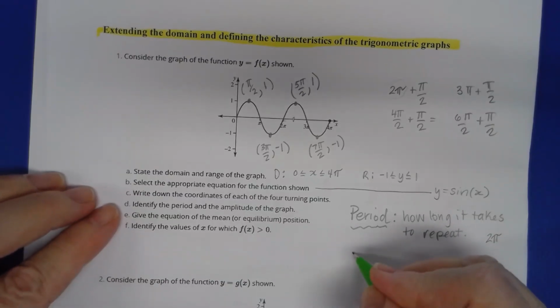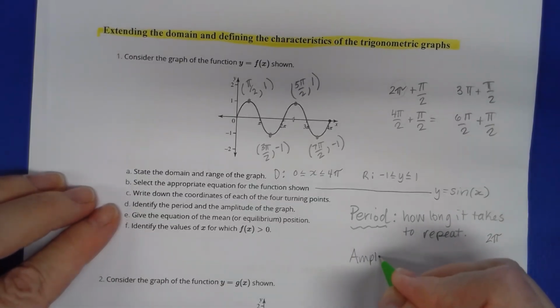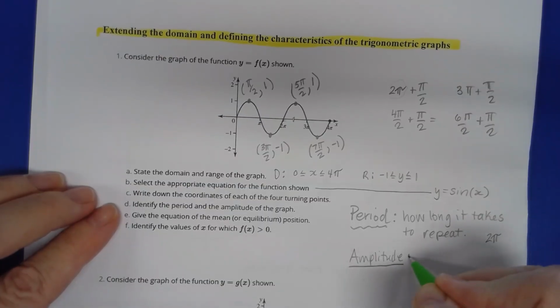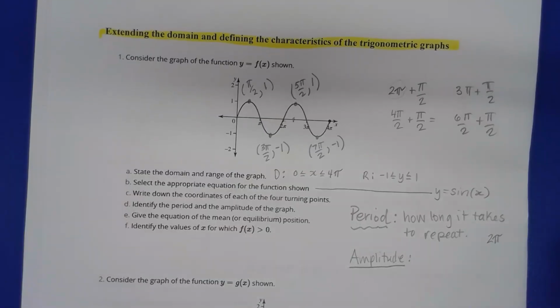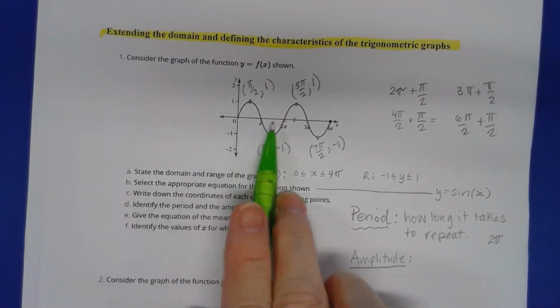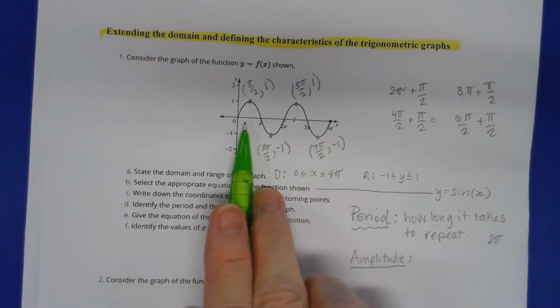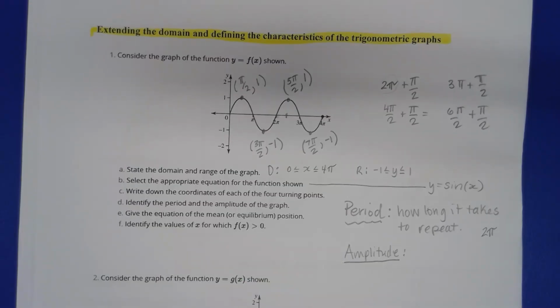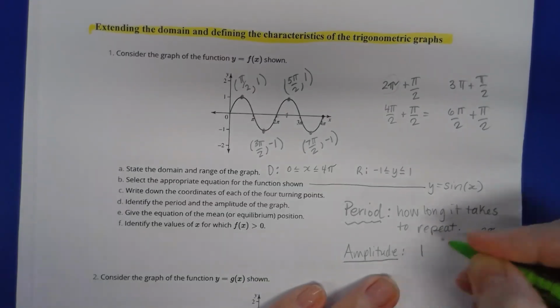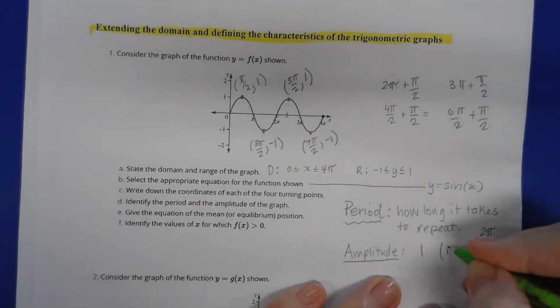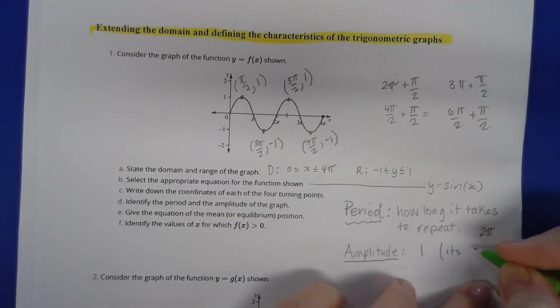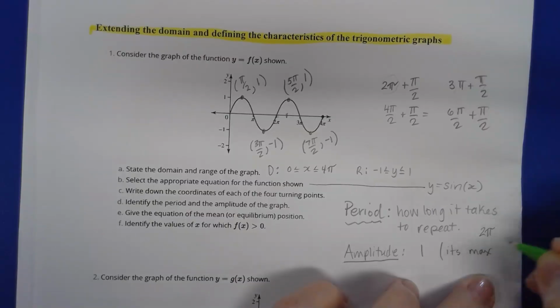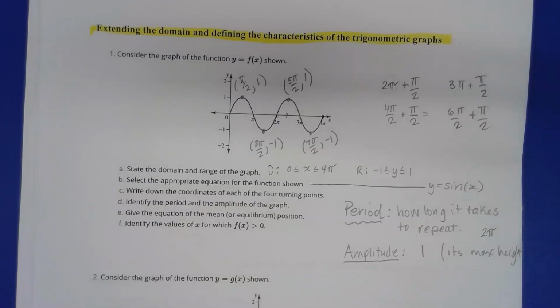The amplitude is however high or low it gets from the x-axis. So it can only go up 1 or down -1, so 1 is the amplitude. And it's kind of its max height. Okay? Its max height.